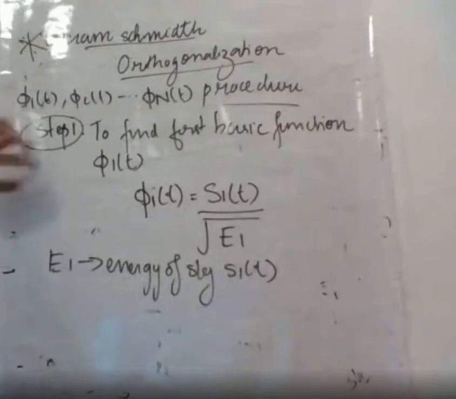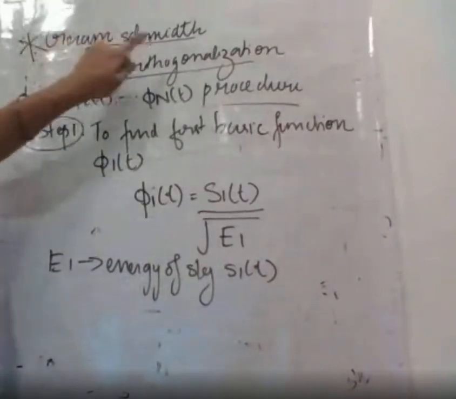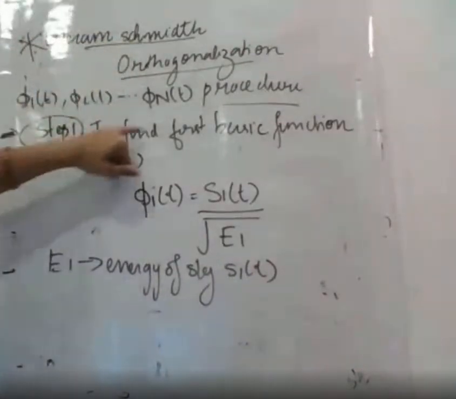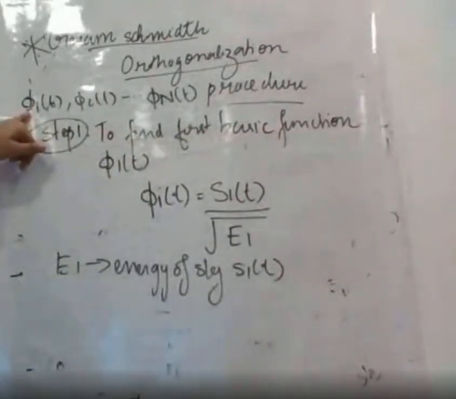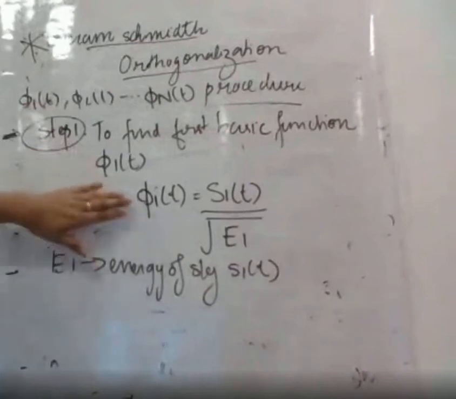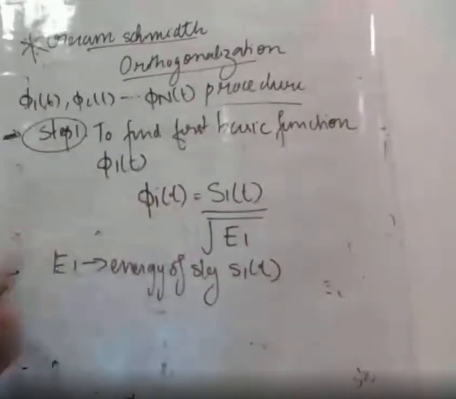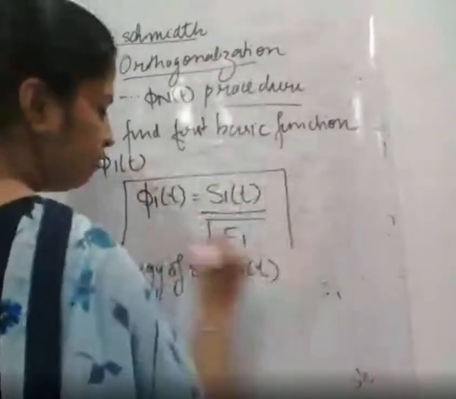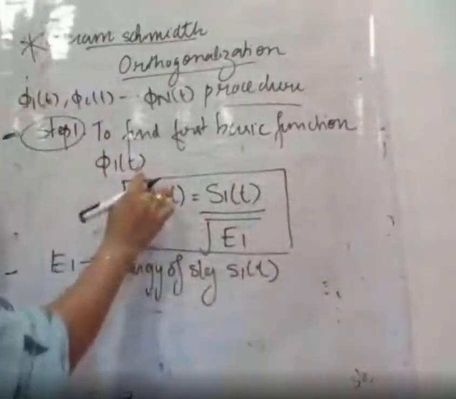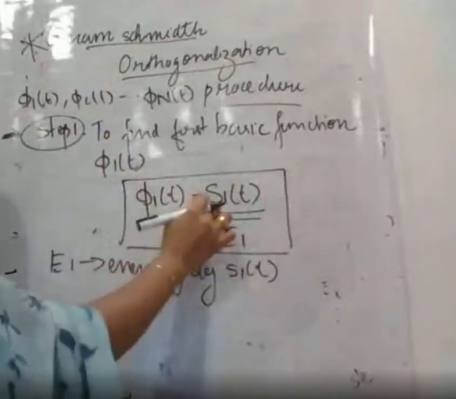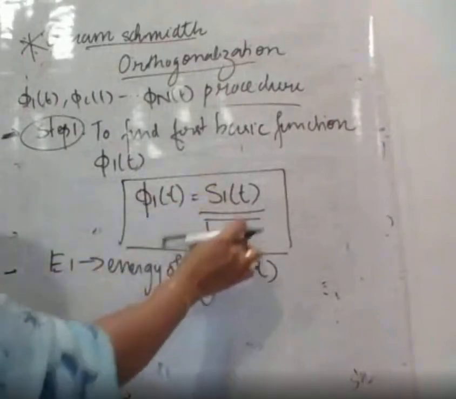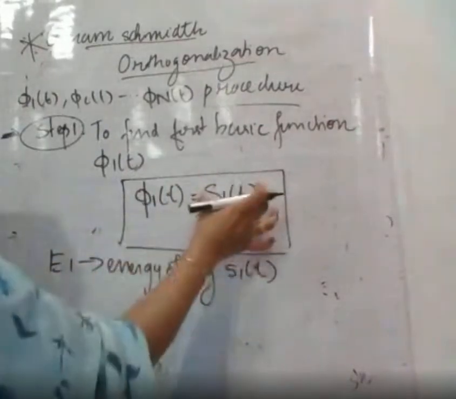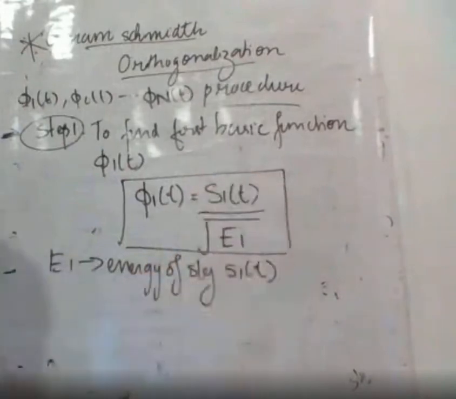You may also note down: the first step in Gram-Schmidt orthogonalization procedure is to find the first basic function phi1 of t, and phi1 of t can be found out using this equation. So phi1 of t is nothing but S1 of t, our first signal, divided by root E1. E1 is the energy of the first signal S1 of t.